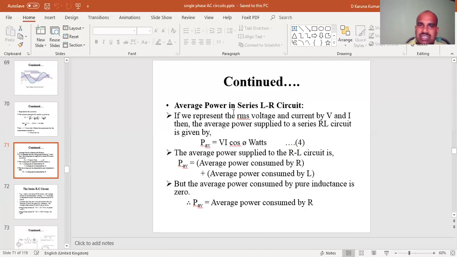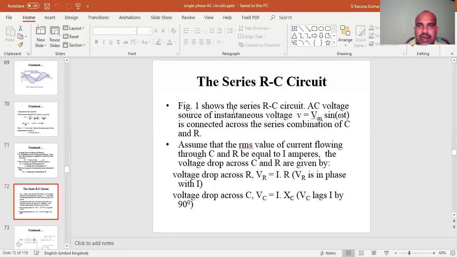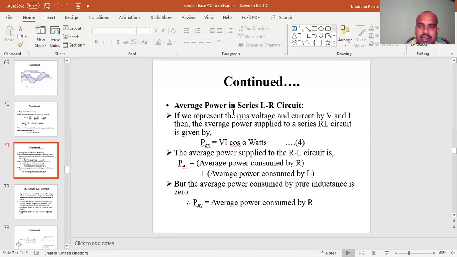In the RL circuit, the average power P average equal to V into I into cos phi, if we represent the RMS voltage and current by V and I. The average power applied to the RL circuit equals the average power consumed by R plus the average power consumed by L.